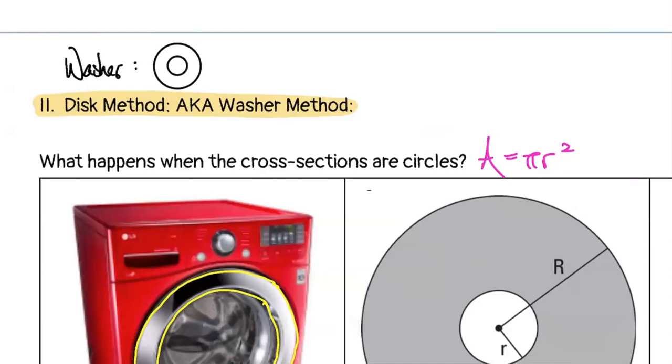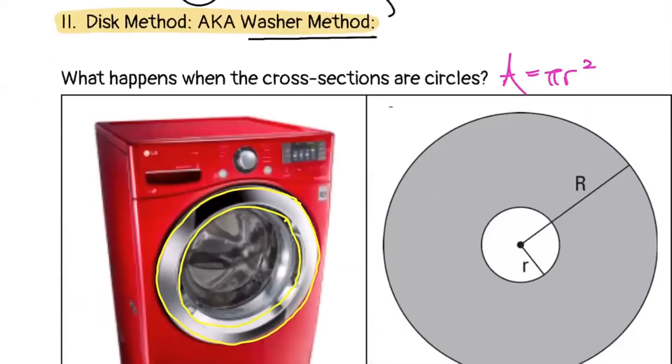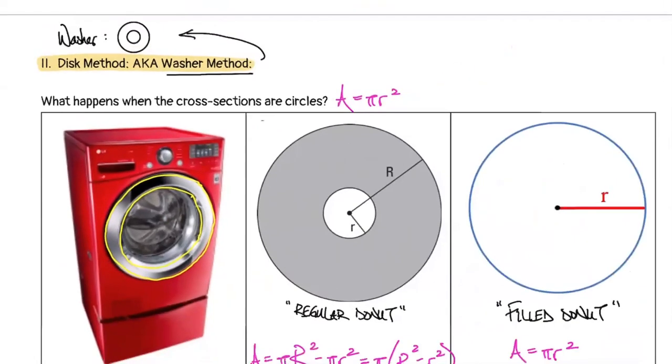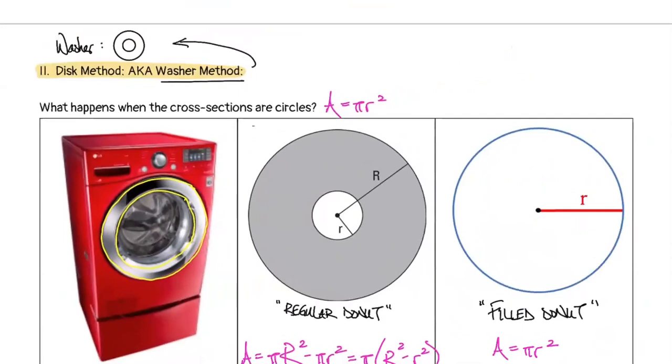That piece is called a washer. And when they named this the washer method, they were referring to the kind that helps you build furniture, not the kind that helps you clean your laundry. So that's the background of where this washer method came from. They're talking about something that is very similar to a regular donut.